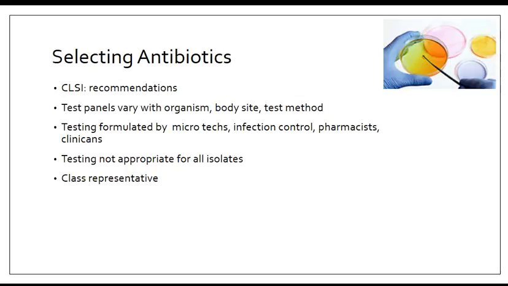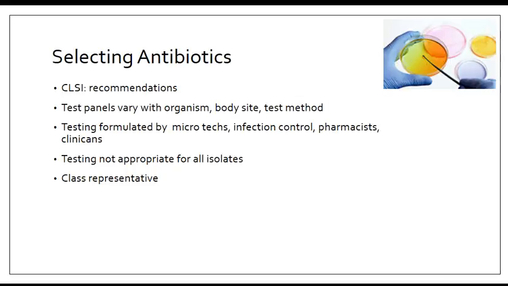So usually a class representative is tested. For example, we may use amoxicillin to represent all the ones in that class. And if that is sensitive, then you can assume that the other ones in that class are sensitive too, and they can be used.